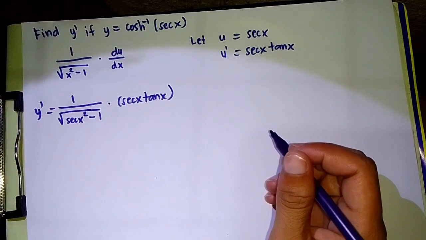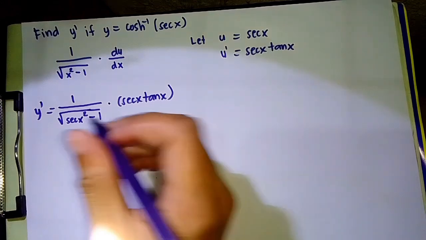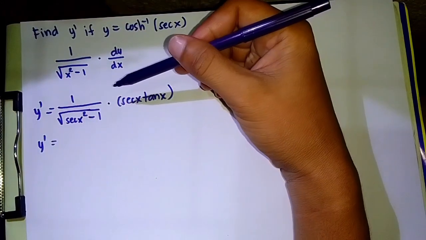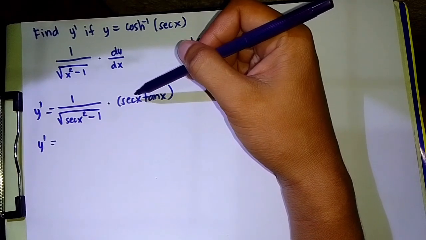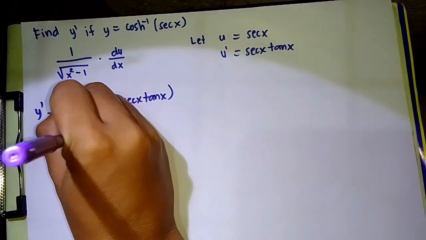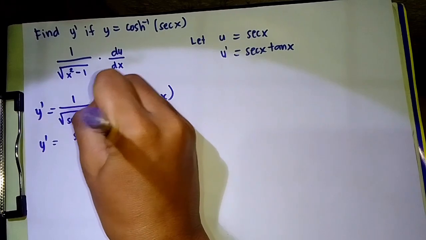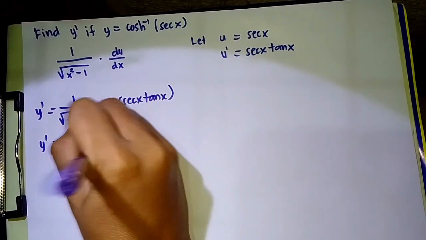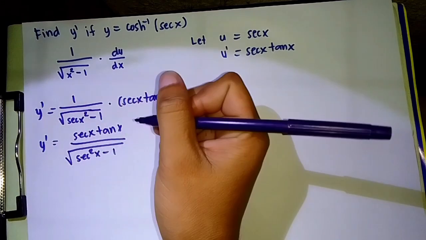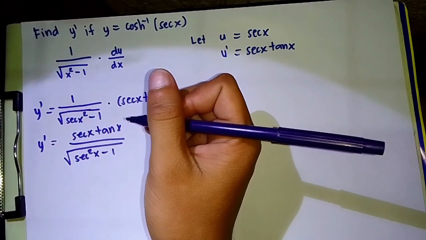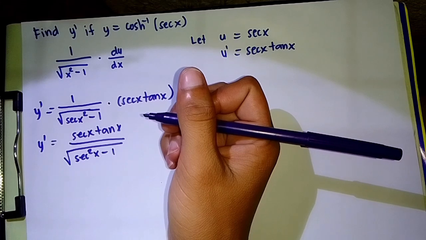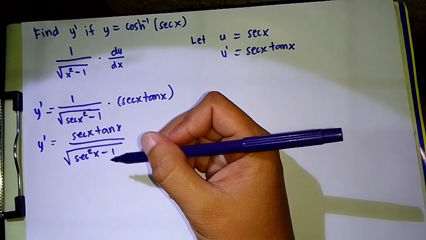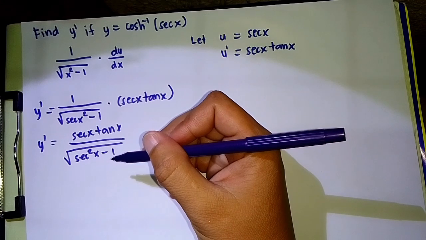and then simplify this one and it will become y prime is equals 1 times secant x tan x, which is simply secant x tan x over the square root of sec squared x minus 1. By using our trigonometric identities, sec squared x minus 1 is just equals to tan squared x.